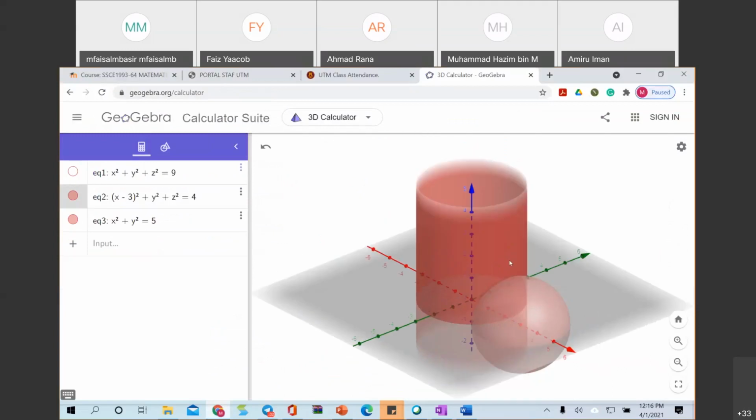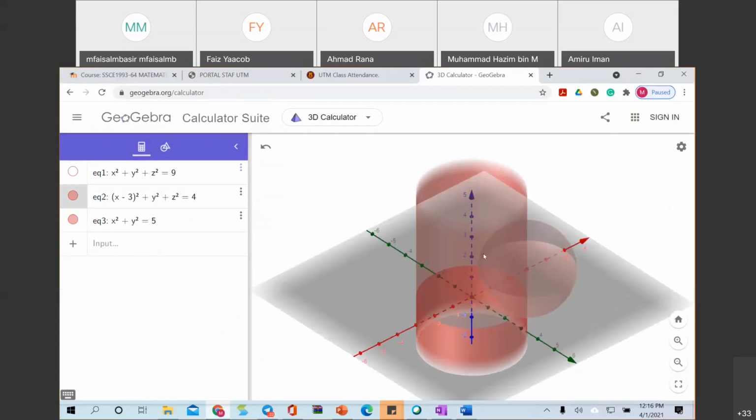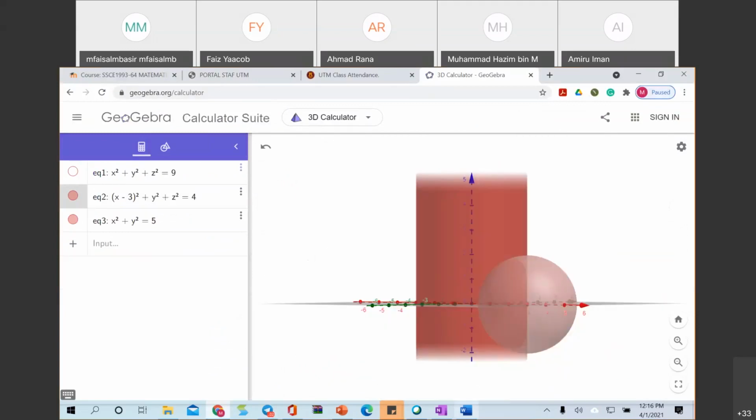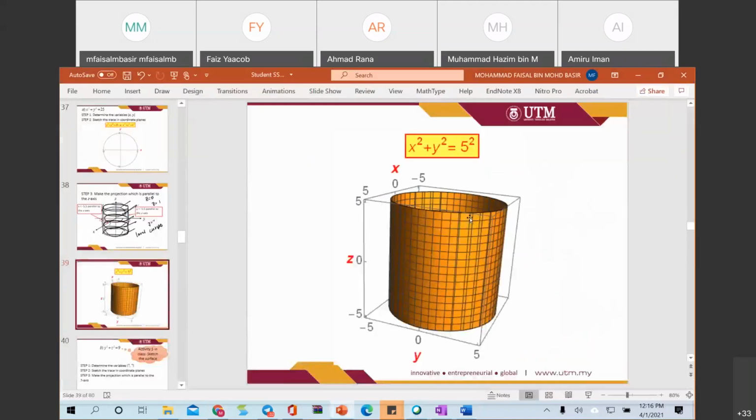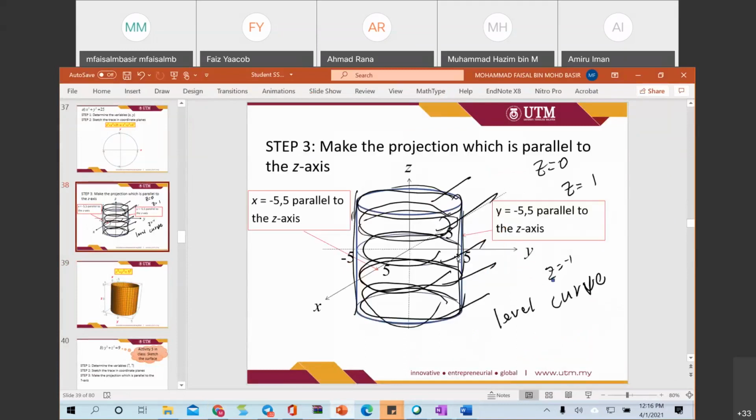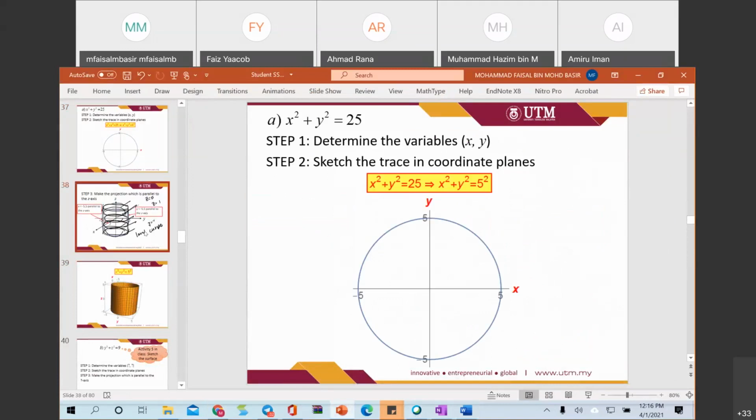See, it is parallel to the z-axis. It is on the z-axis because z is missing. Actually, it goes on with no ending. But we cannot draw it like this here, right? We cannot draw until above and downwards. We want to show the shape, so I just draw until here because the level curve can go from negative infinity to infinity. Okay.